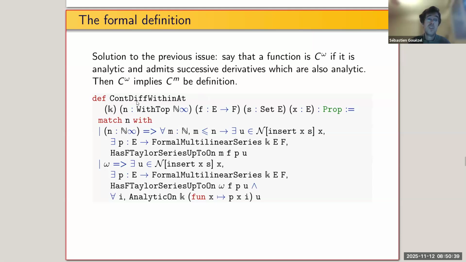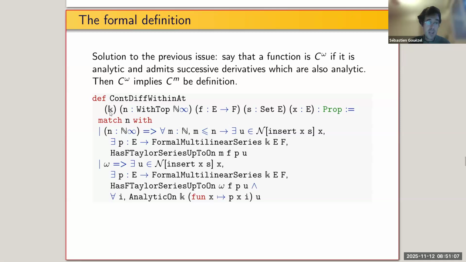So it's ContDiffWithinAt, for differentiable and continuous. Initially it was called TimesContDiffWithinAt because it's several times continuously differentiable, but it was just too long and we dropped the times. So the name is a little bit weird, but we couldn't come up with a nice name which was short enough. So it's called ContDiffWithinAt.